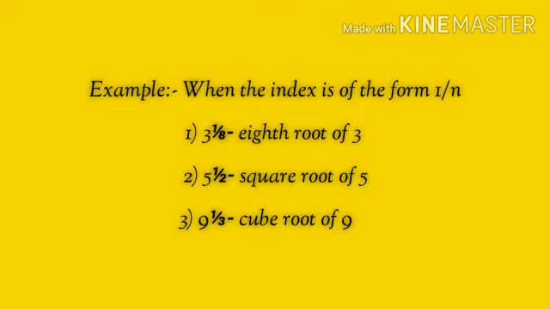In the second example, that is 5 raised to 1 upon 2. So here in the fraction 1 upon 2, my denominator is 2. Therefore, it is square root of 5. Now, in the third example, that is 9 raised to 1 upon 3 means it is cube root of 9.